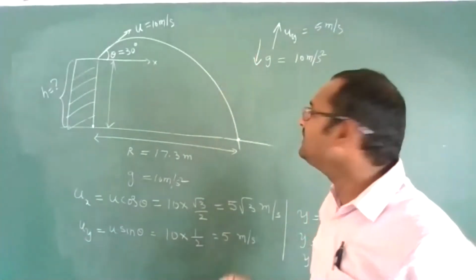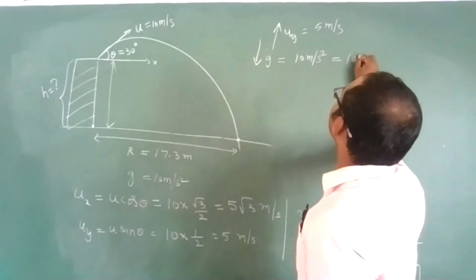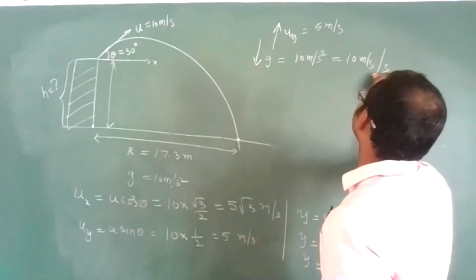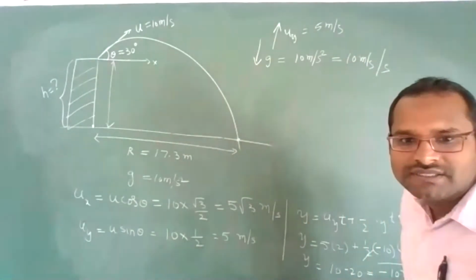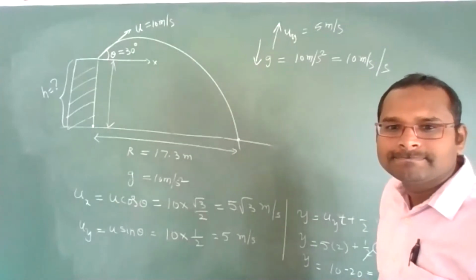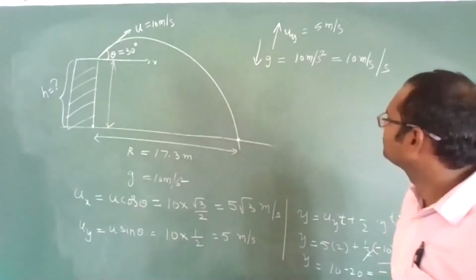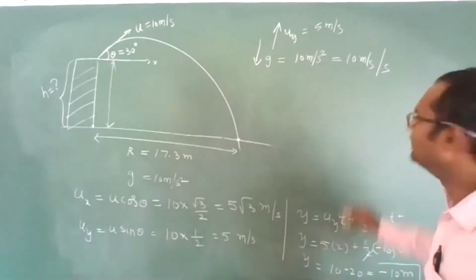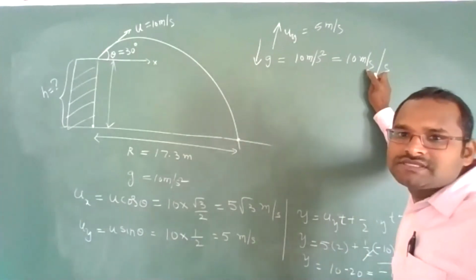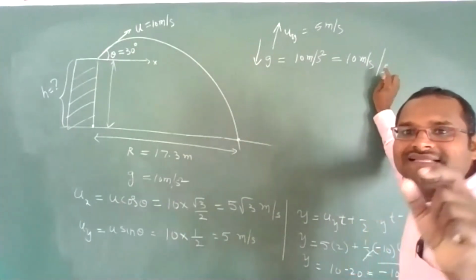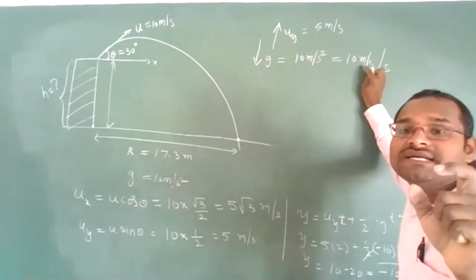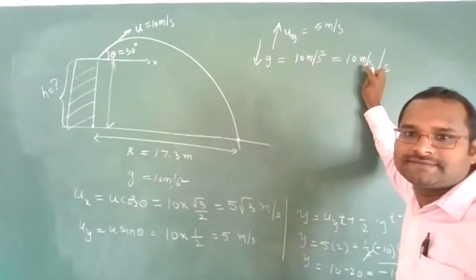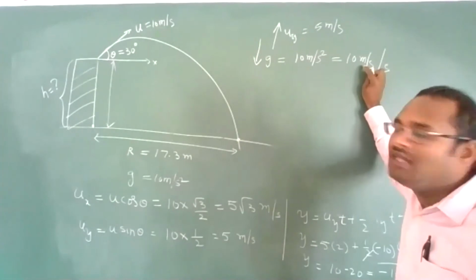The meaning of that is 10 meter per second in each second. Means in each second the velocity is changing by 10 meters per second.